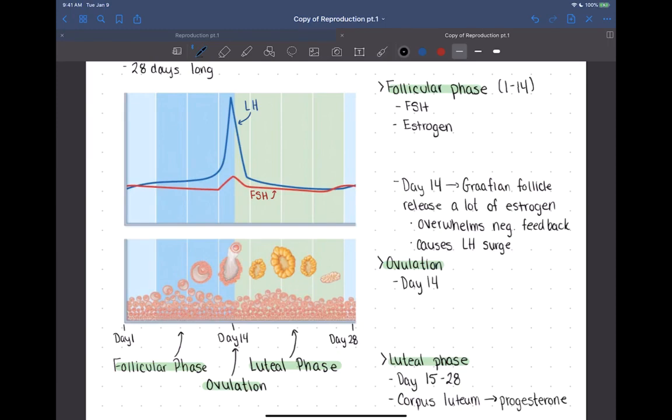So from day 1 to 14, that's going to be the follicular phase. The follicular phase is driven by the release of follicle stimulating hormone, FSH. If you remember from way back at the beginning of the semester, FSH comes from the anterior pituitary. It's one of our tropic hormones.